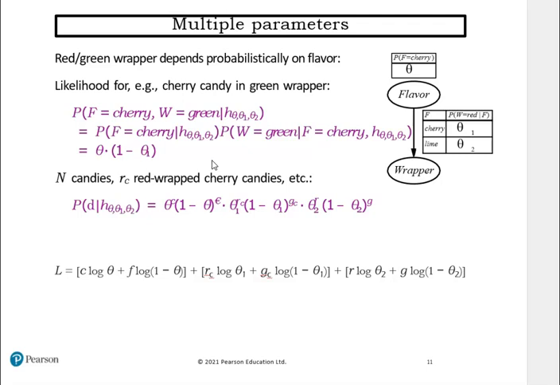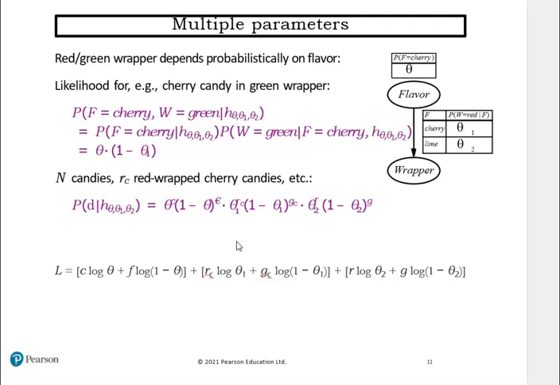Now, if I have n candies and RC of them are red wrapped cherry candies, then this would be my likelihood function. So that's the probability of observing this data, which is RC, red wrapped cherry candies, and then GC, which is green wrapped cherry candies, and of course L is our lime candy.